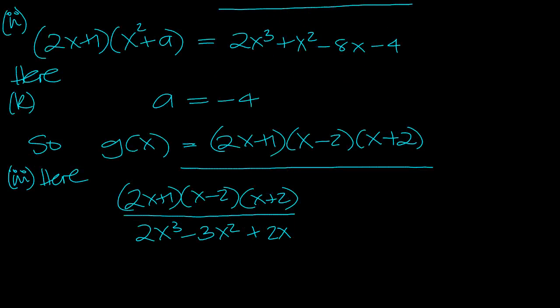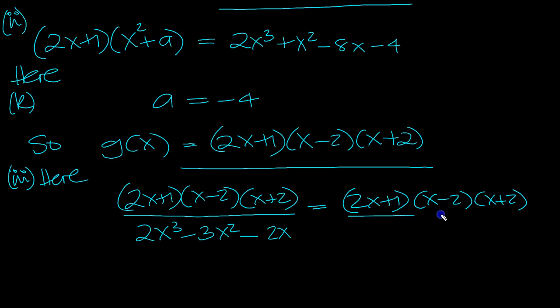So we've written it down correctly, so let's have a look at this. There's an x common here. Take the x out as common, and that will leave 2x squared minus 3x minus 2.